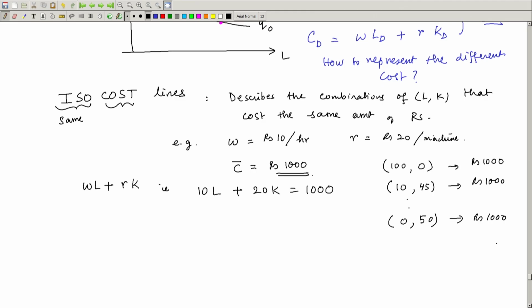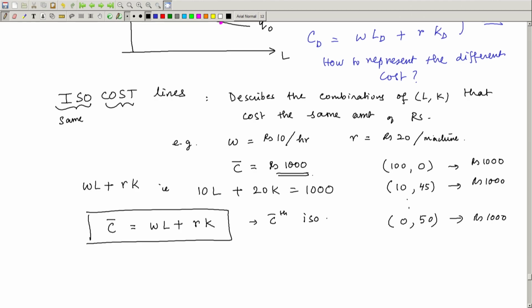So essentially, the iso-cost line can be represented as, if C bar is the cost level that I am looking at, all combinations of labor and capital which are going to cost me C bar rupees. So all L and K which satisfy this condition, WL plus RK is equal to C bar, represents the C barth iso-cost line.